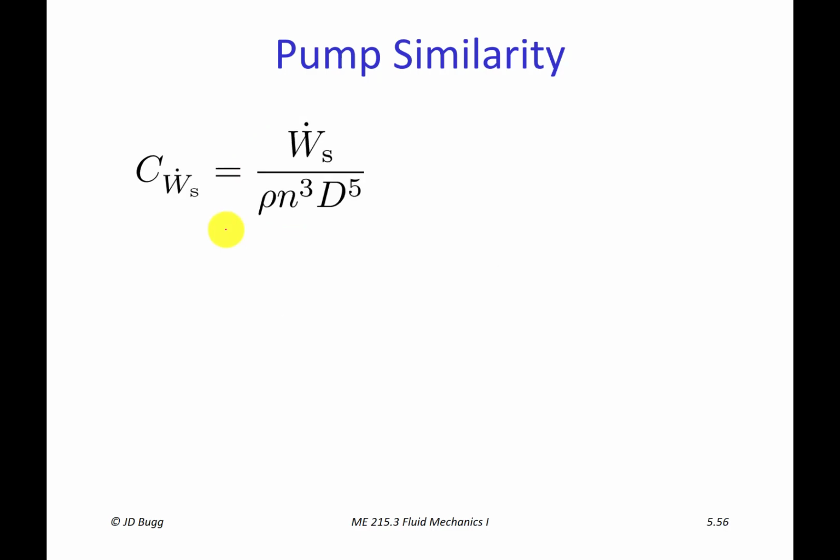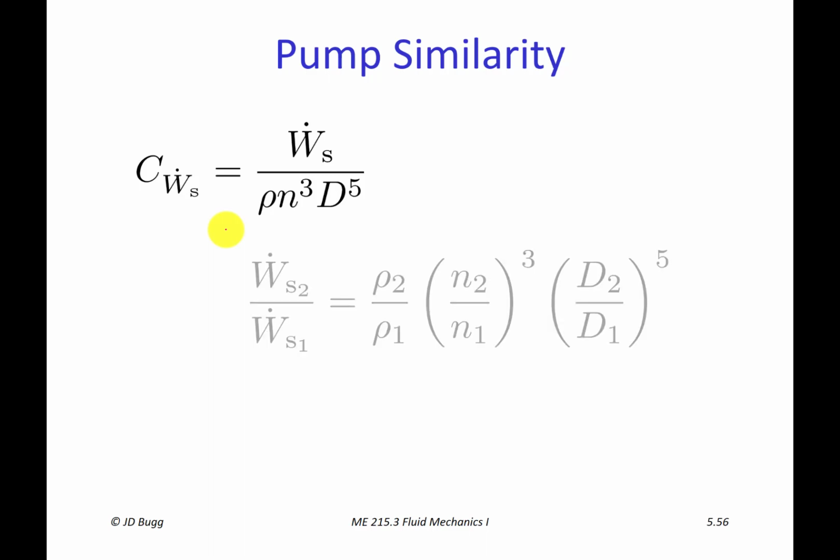Finally, we'd also be interested in the power coefficient, which must be the same in the two situations. So the ratio of powers is the ratio of densities times the ratio of speeds cubed times the ratio of diameters to the fifth. So you can see that the pump size has a very profound effect on the pump power. It's raised to the power 5.